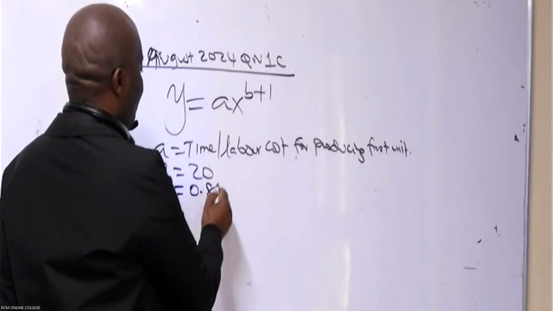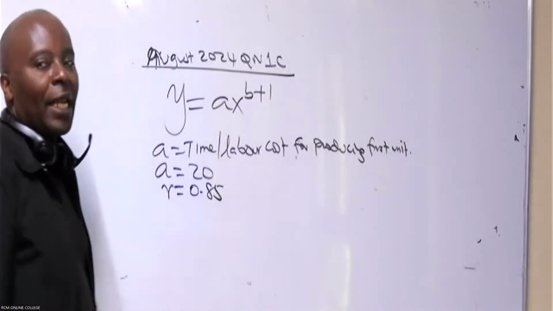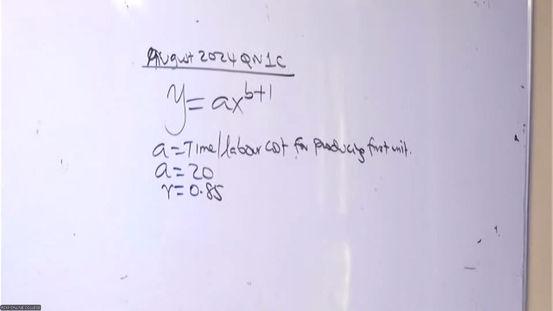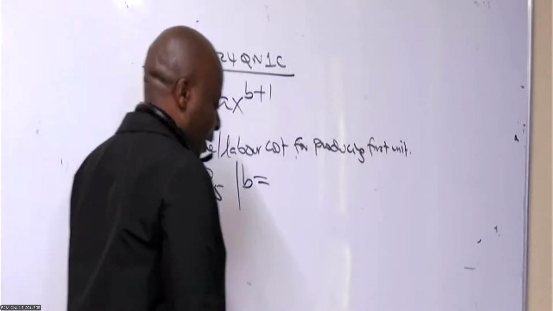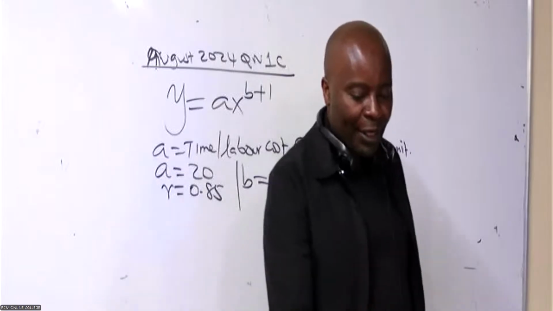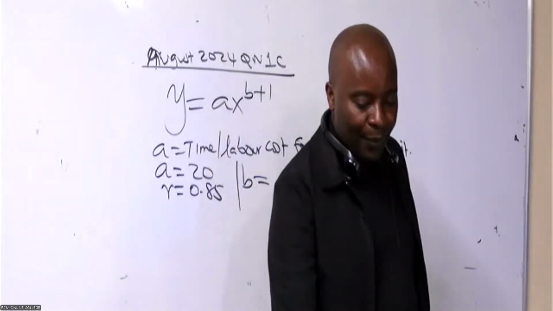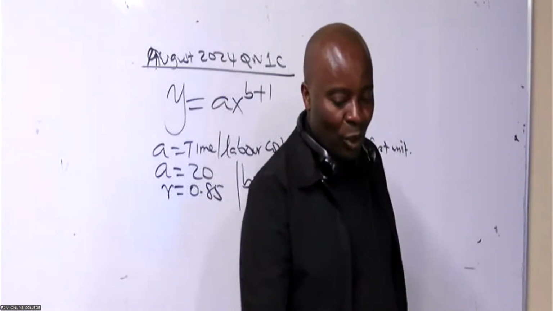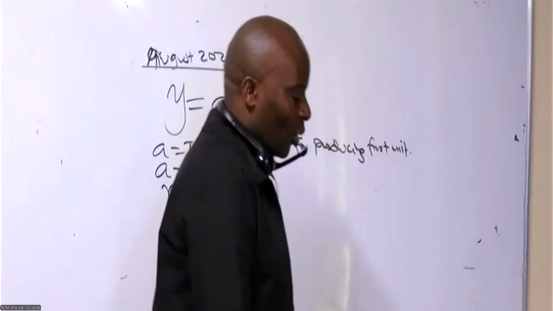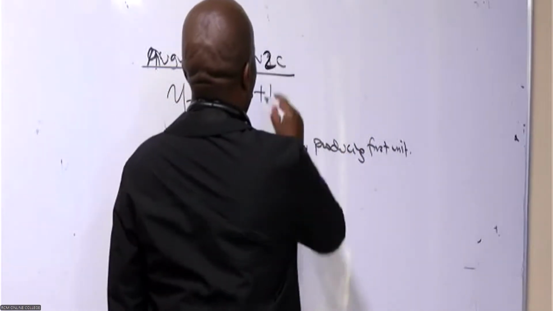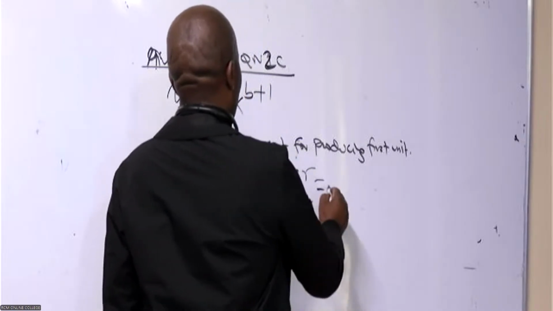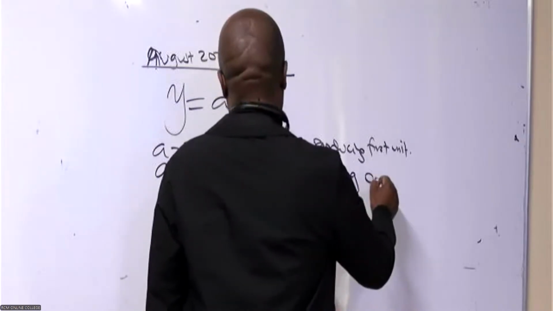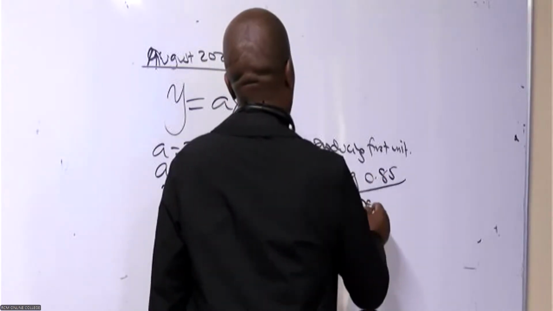They've told us R is 85%, the learning rate. And we know the formula for getting B. Are you able to remember the formula for getting B? B equals log R over log 2, isn't it? Yes, it is log R over log 2, which will be log 0.85 over log 2.